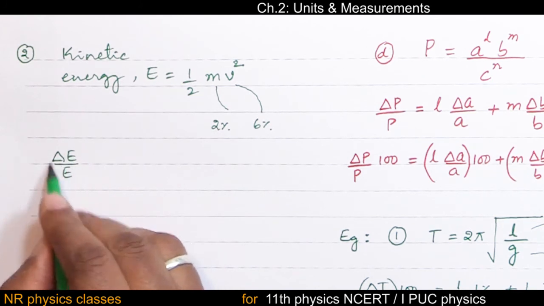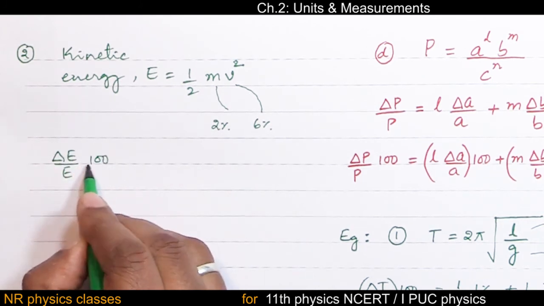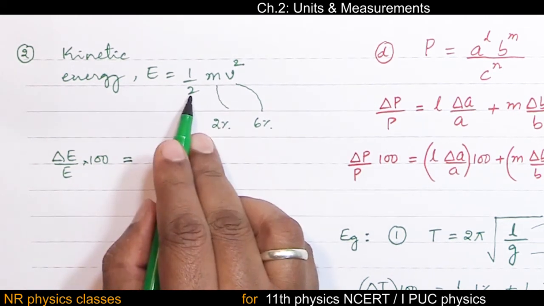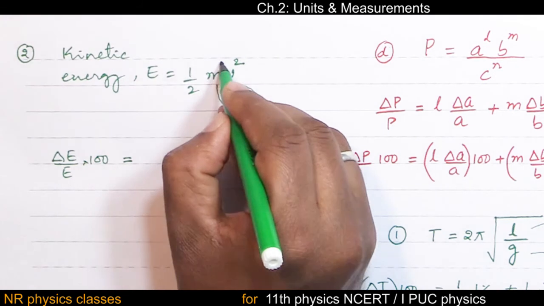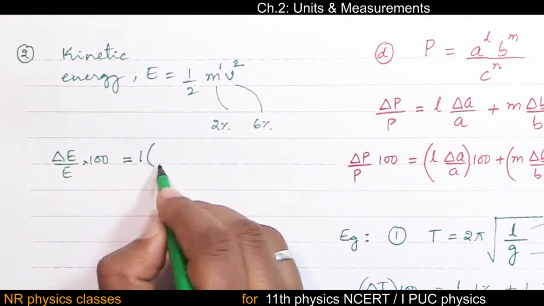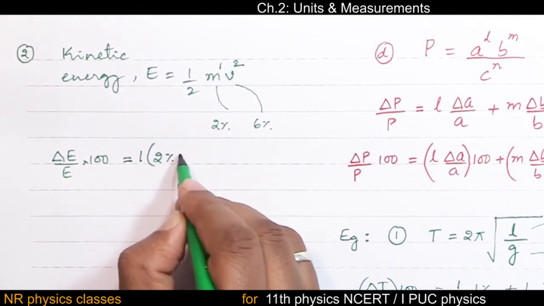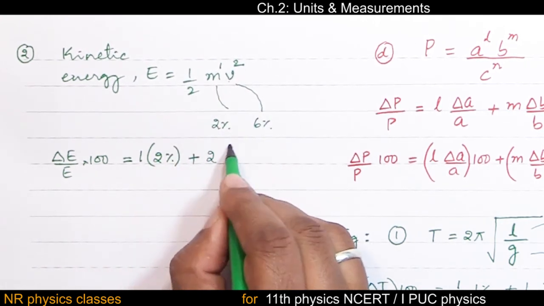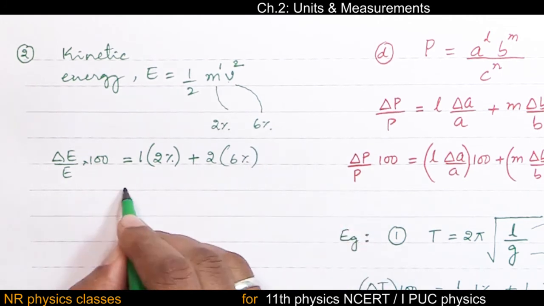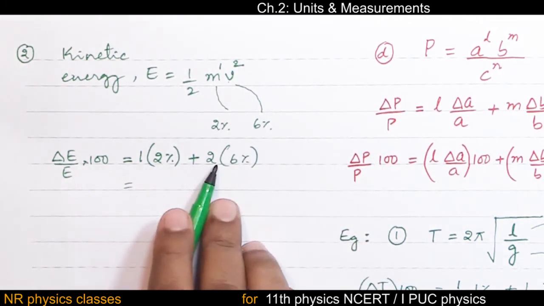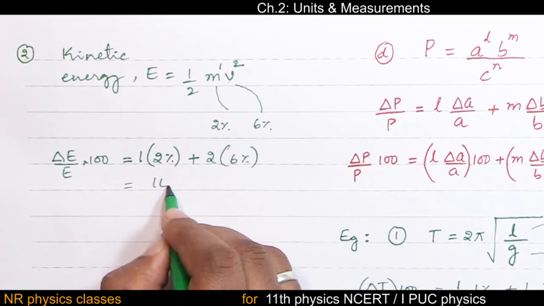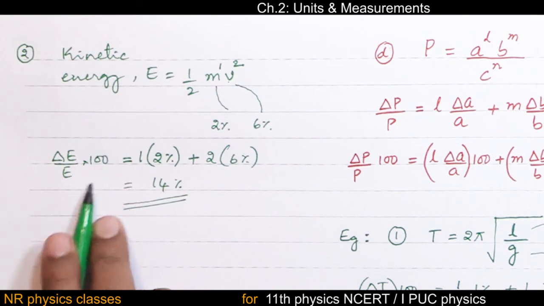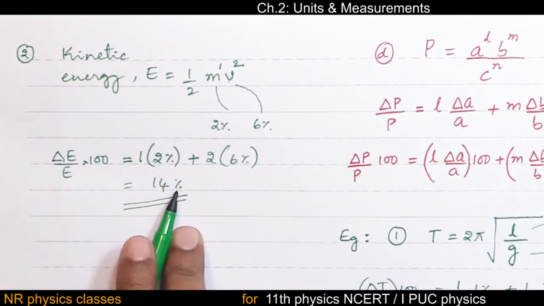Delta E by E into 100 is the percentage error, isn't it? Half is just a number, drop it, m power 1. So it is 1 times 2%. Hope you understood this. Velocity square, 2 times 6%, equal to 2 plus 12 is 14%. So the percentage error in the measurement of kinetic energy is 14%.